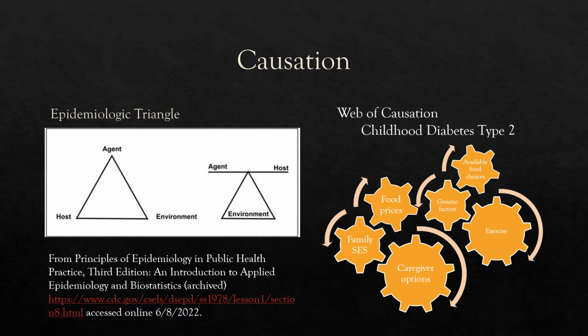If we're talking about an example like childhood type 2 diabetes, you have so many factors that if one outweighs another one, they can cause these imbalances. If you think about a web as literally a spider's web, pressure on one part of the web can throw off the balance of that whole web. And the same can be said of this web of causation.